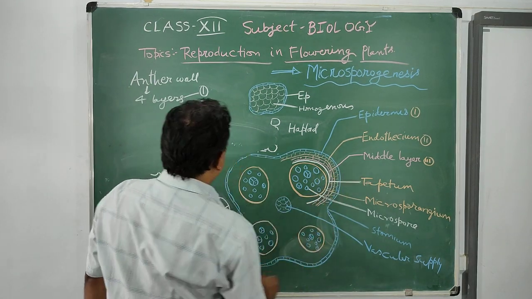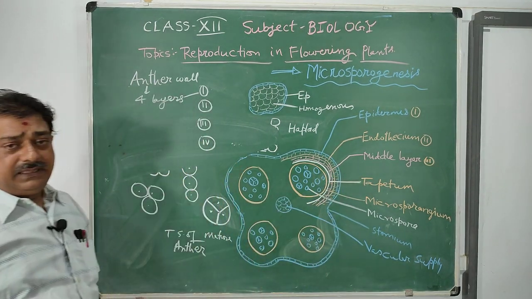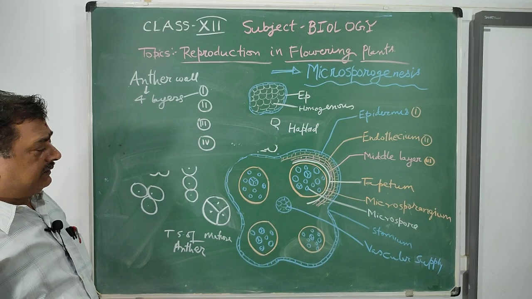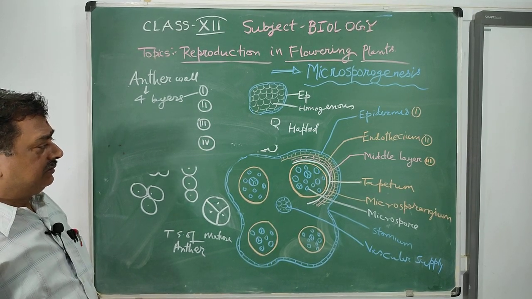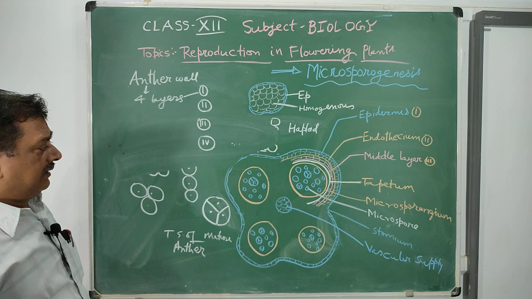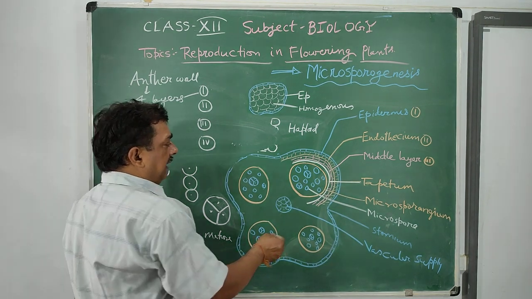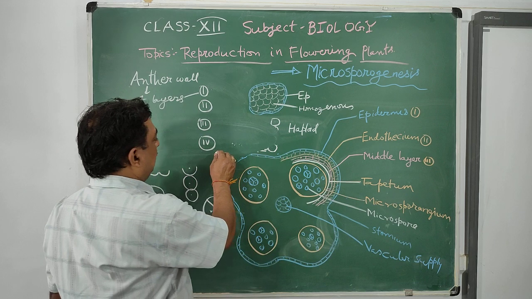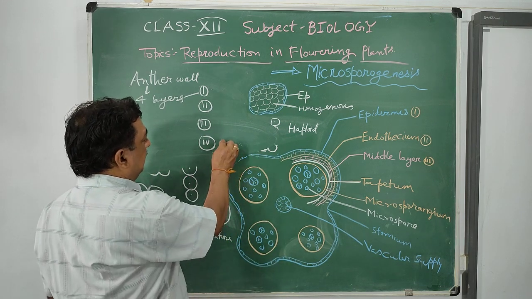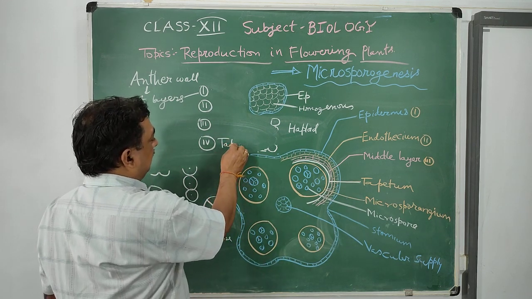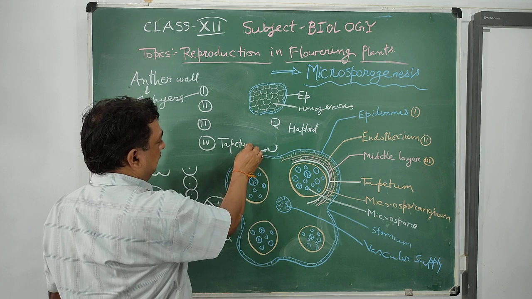The third layer, middle layer, is made up of 2 or more layers, and they help in protection. And the innermost layer of the anther wall is called tapetum.